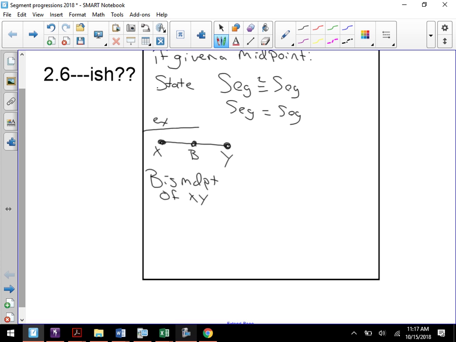If I were to be using this in a proof, in my statements and reasons, I would obviously just state the given, B is the midpoint of XY.